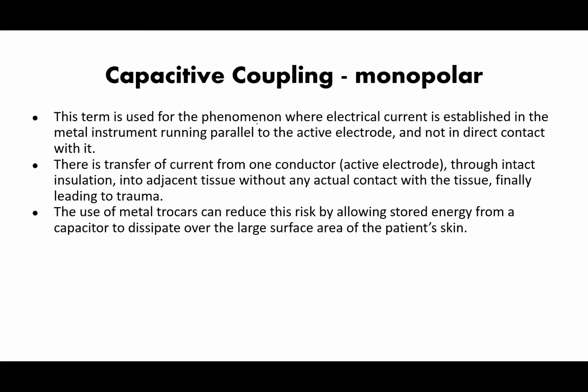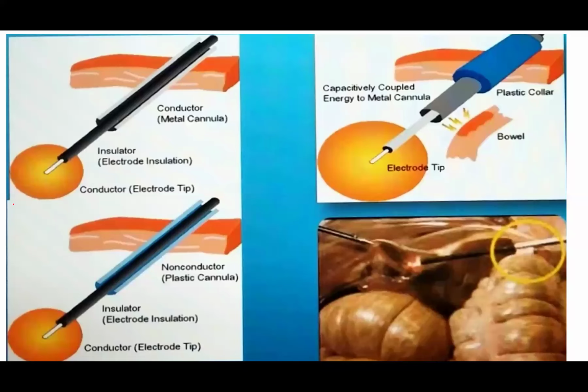The use of metallic trocars can reduce the risks by allowing stored energy from the capacitor to dissipate over the large surface area on the patient's skin. All this diagram is just describing what we just explained.